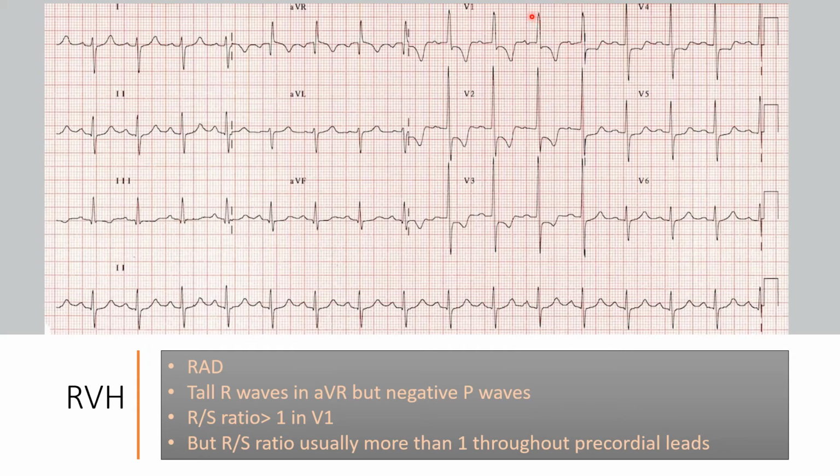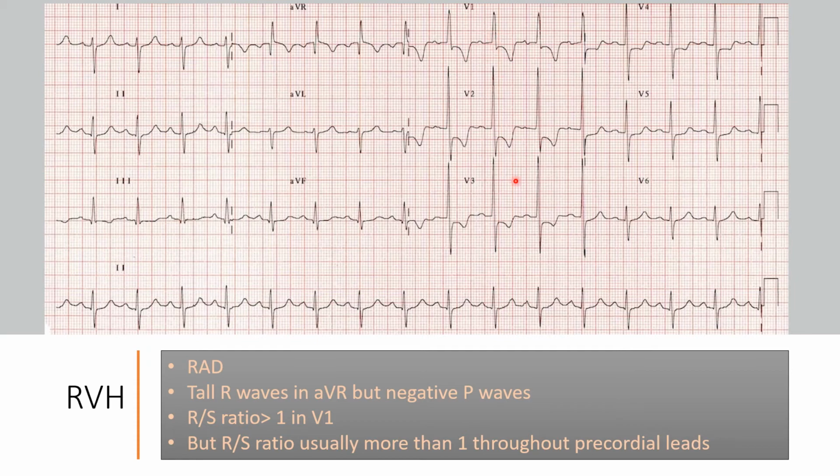So that gives you a clue that the right ventricle just underneath V1 and V2 is much larger and hypertrophied, thicker muscle, producing more voltage that causes these large R waves in V1 and V2.